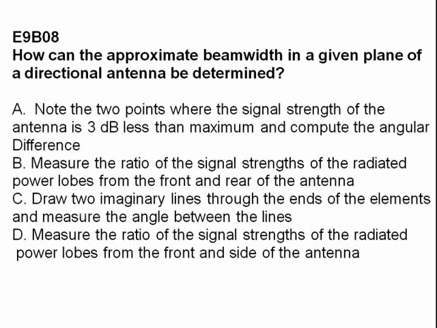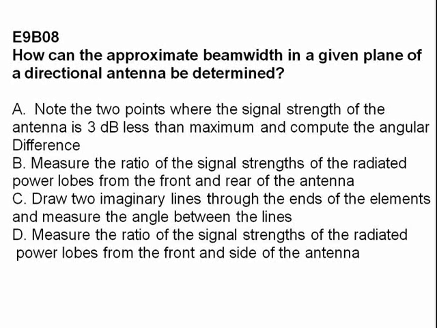How can the approximate beamwidth in a given plane of a directional antenna be determined? A. Note the 2 points where the signal strength of the antenna is 3 dB less than maximum and compute the angular difference. B. Measure the ratio of the signal strength of the radiated power lobes from the front and rear of the antennas.